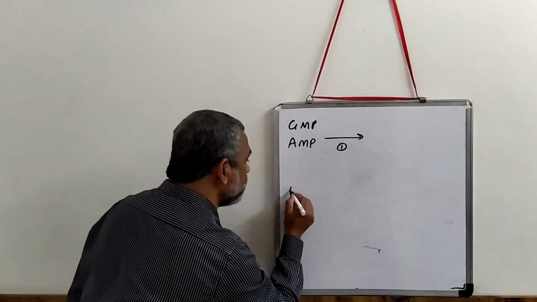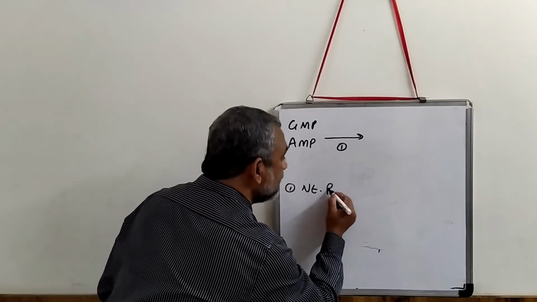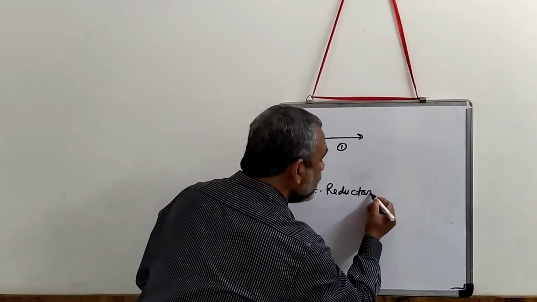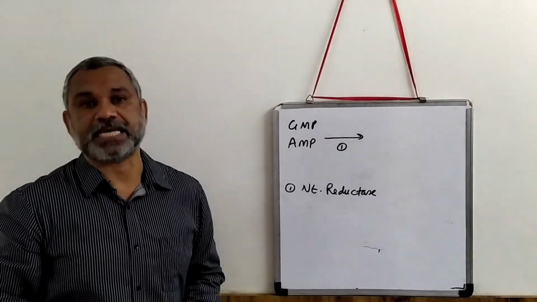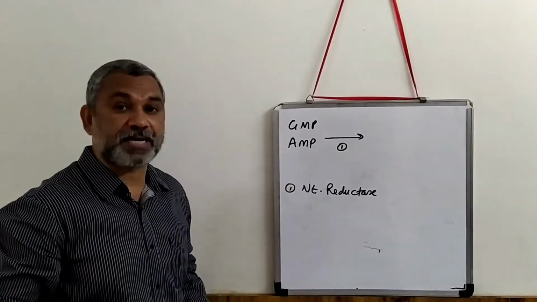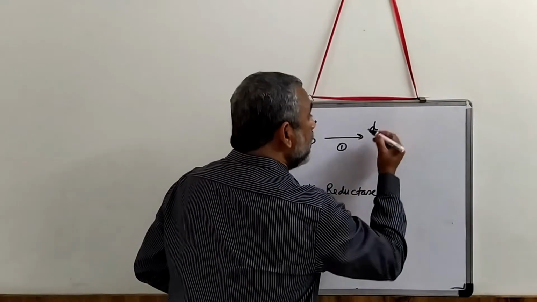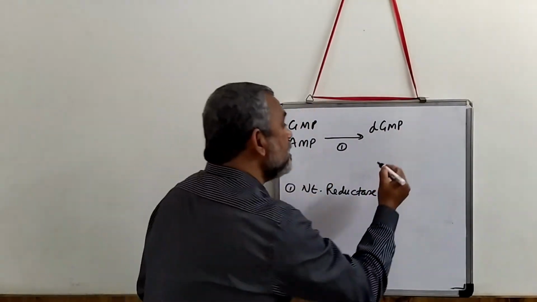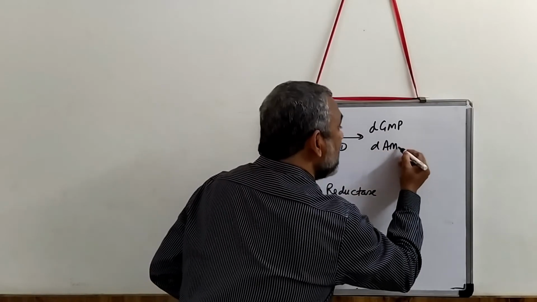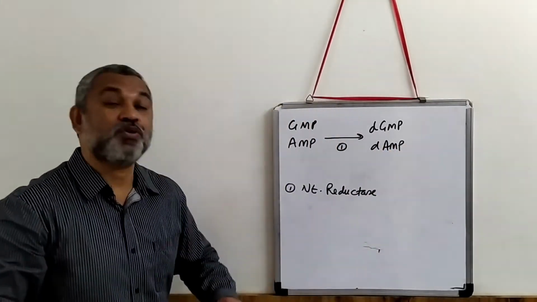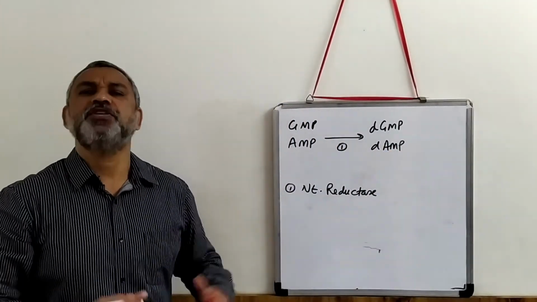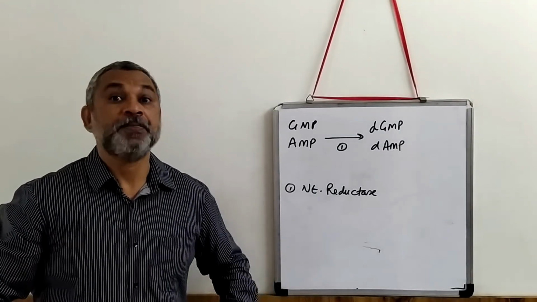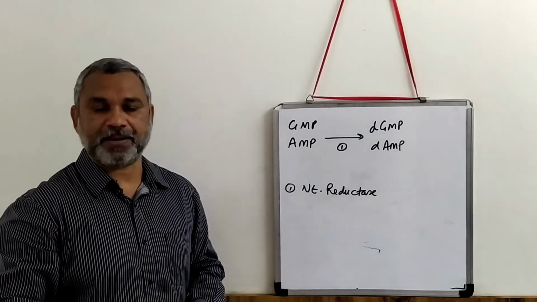So this is enzyme number 1, nucleotide reductase. The nucleotide reductase enzyme is capable of converting a GMP into a deoxy-GMP and an AMP into a deoxy-AMP. This is highly active, especially when repair mechanisms are happening.